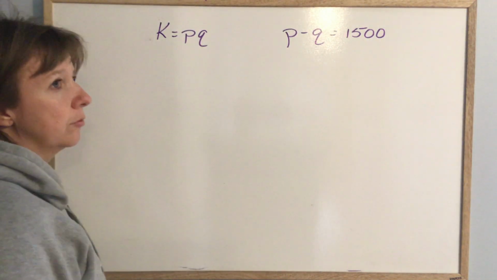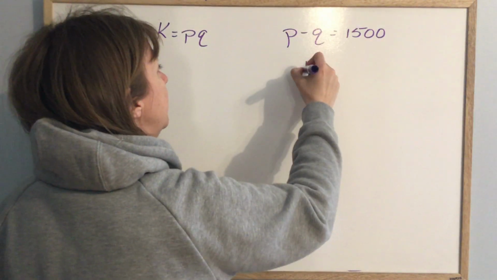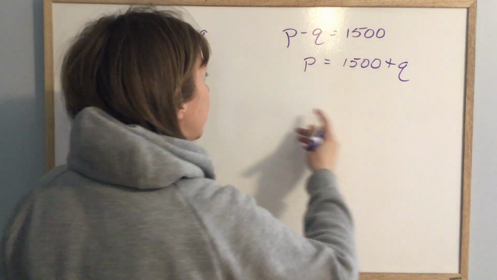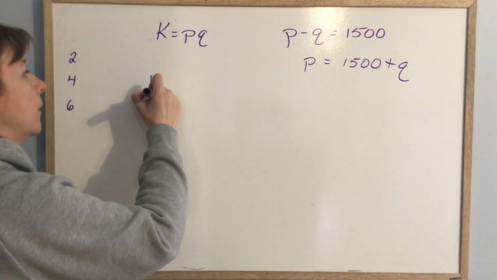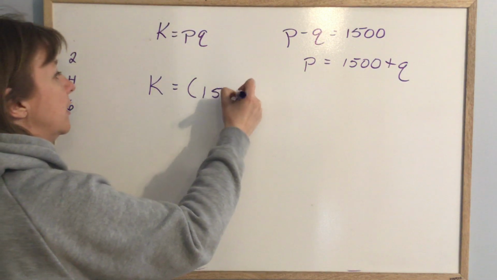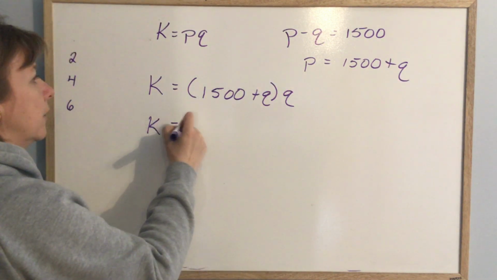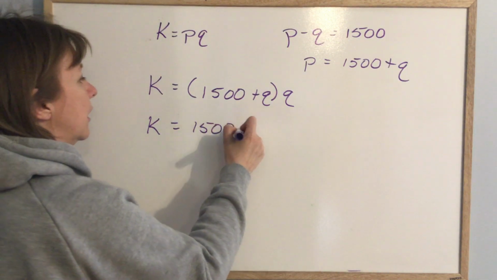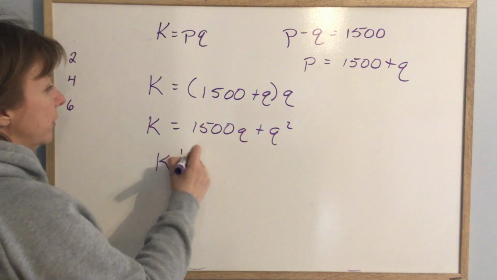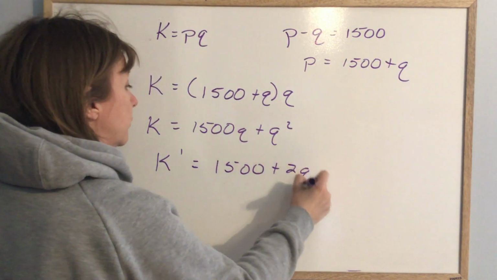But again, I have 3 different variables. Can't have that. So I'm going to move the Q over so that I have 1,500 plus Q. That's what P is. So I'm going to substitute. P is 1,500 plus Q times Q. So K is 1,500 Q plus Q squared. So the derivative of that is 1,500 plus 2Q.